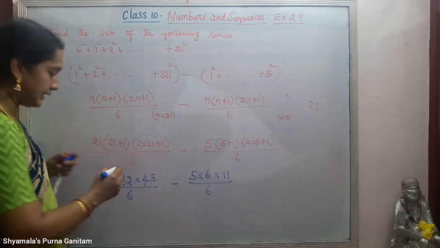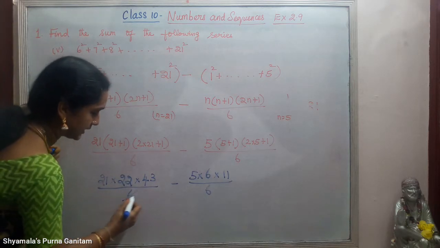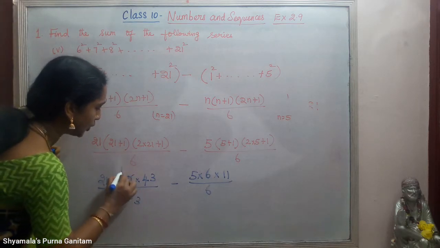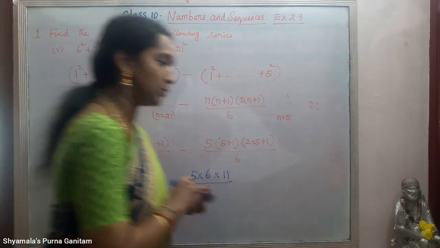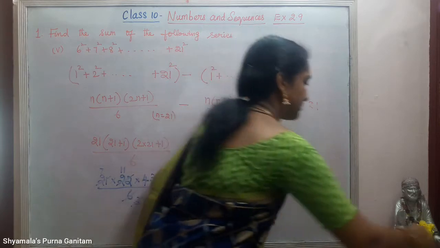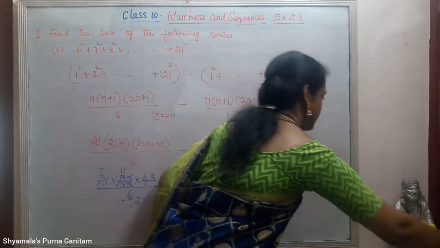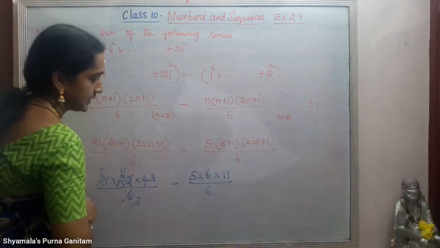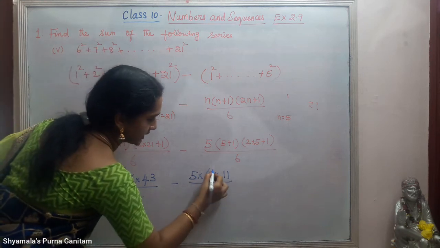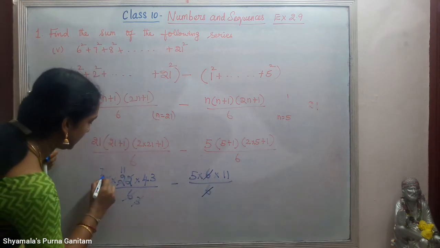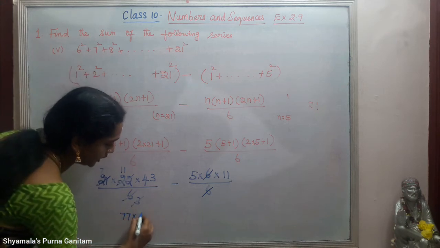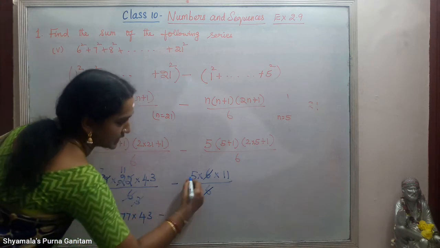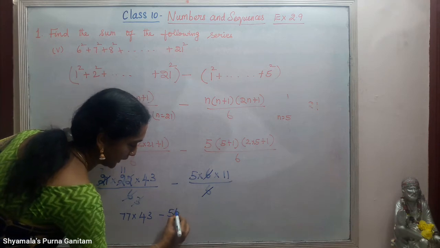Then this can be cancelled. So 2 3s are 6, 2 11s are 22, then 3 7s are 21. Same thing here also, 6 and 6 will get cancelled. So here we will get 7 into 11, 77 into 43 minus 5 into 11 is 55.